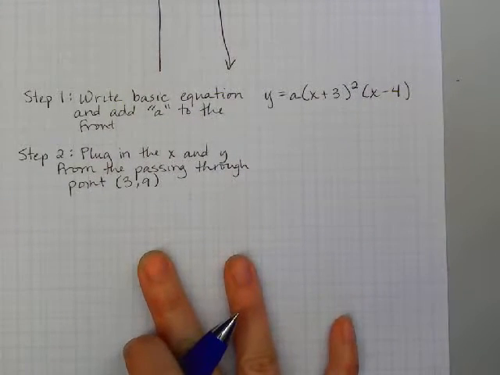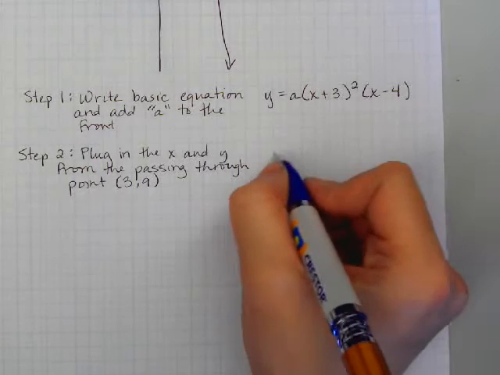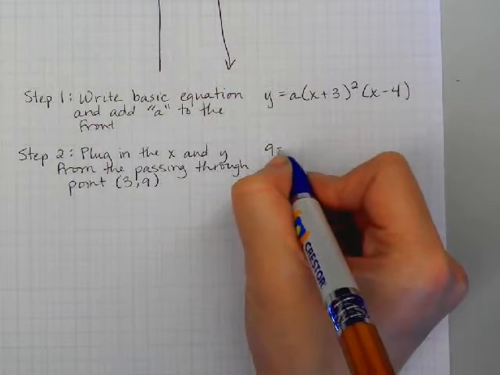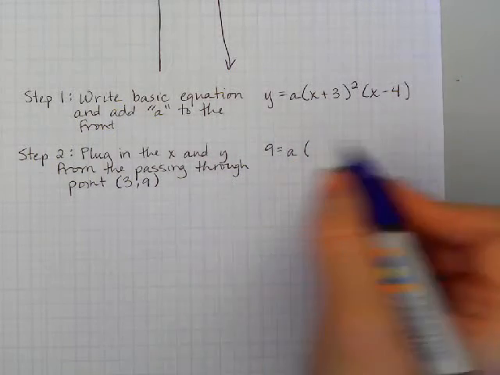So the thing to keep in mind when you're doing this is the order of operations. If you don't need to write this down, then don't write it down, but I'm going to review briefly.